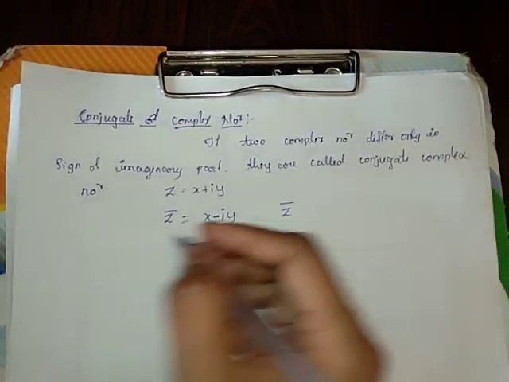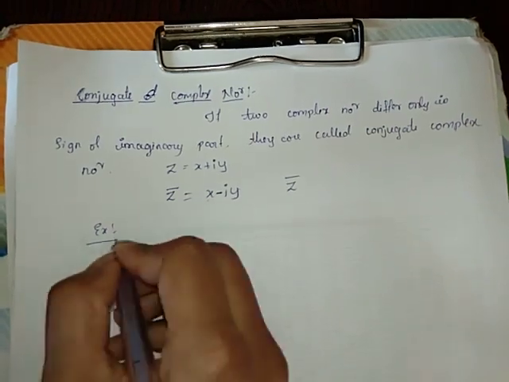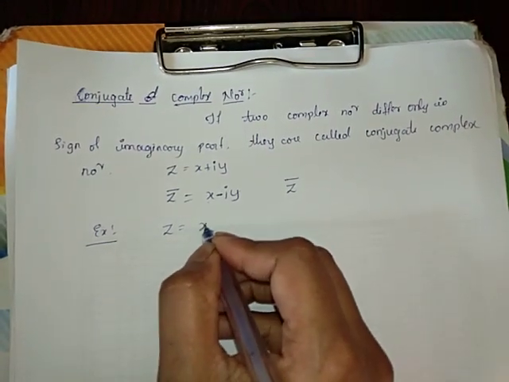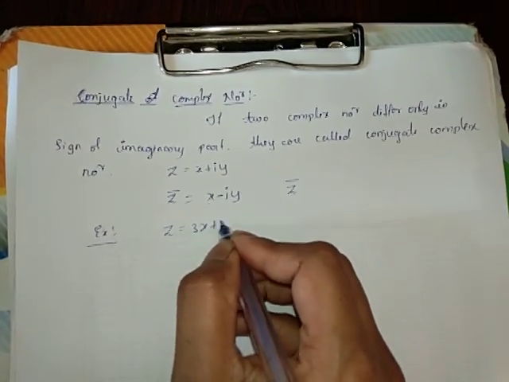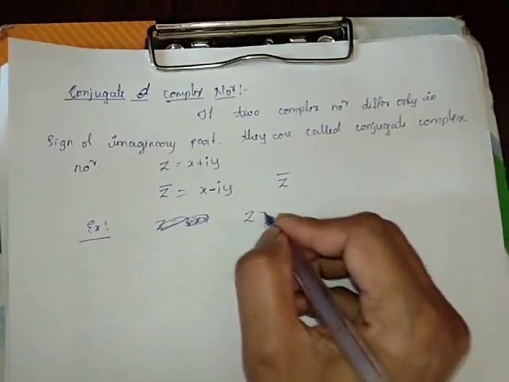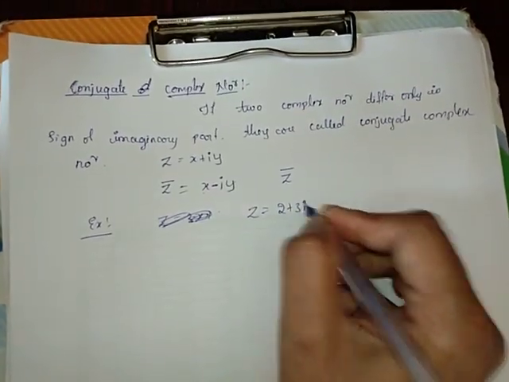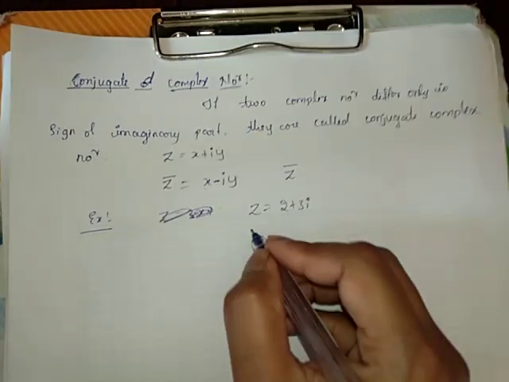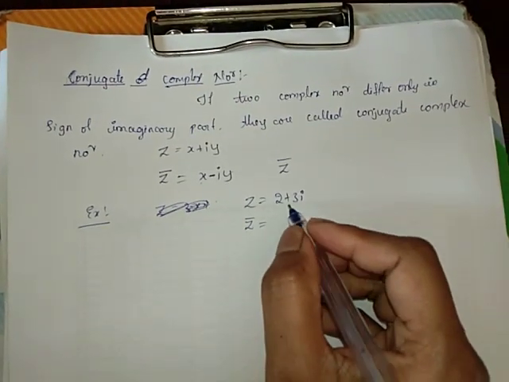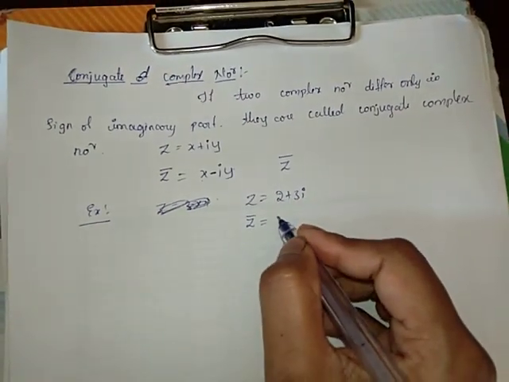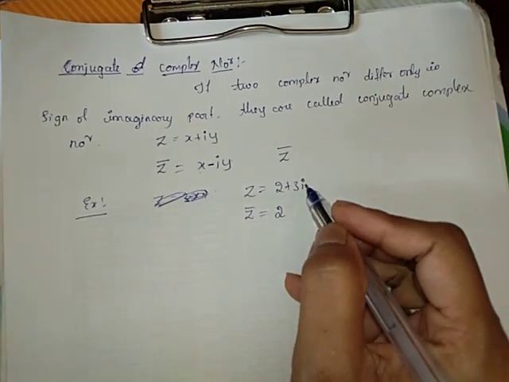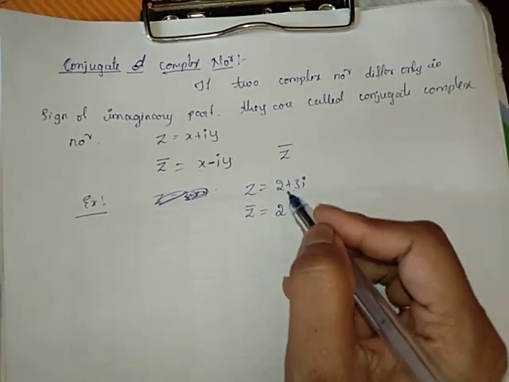I am taking an example here. Suppose z equal to 2 plus 3i. Then the conjugate of z equal to 2 minus 3i. The sign of x will not be changed, keep it as it is. We have to change only the sign of the imaginary part.